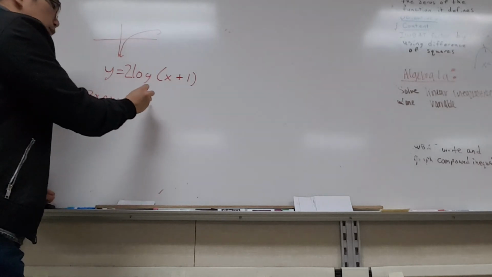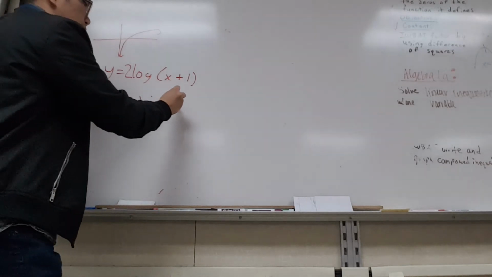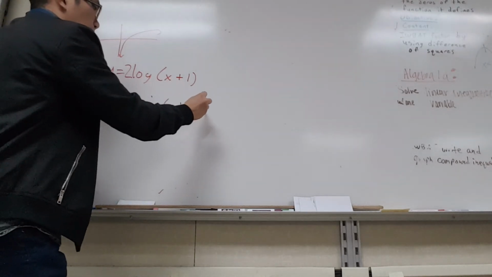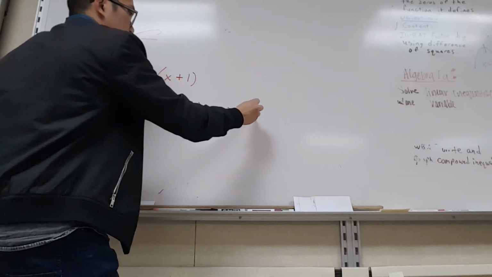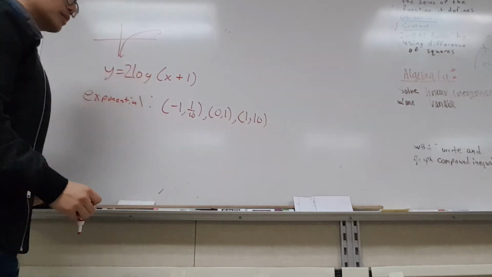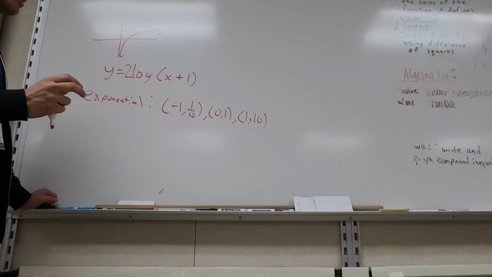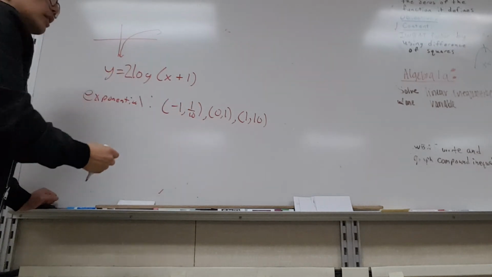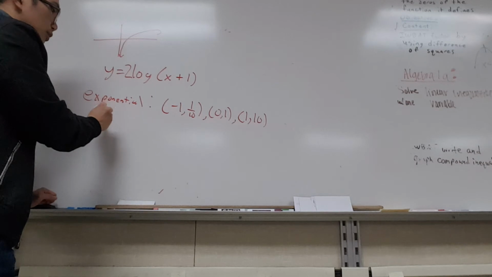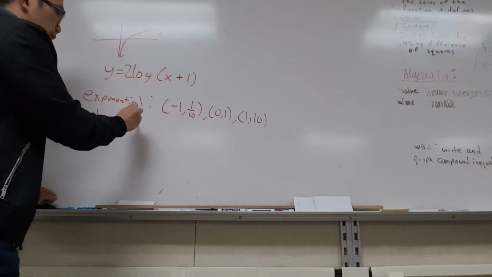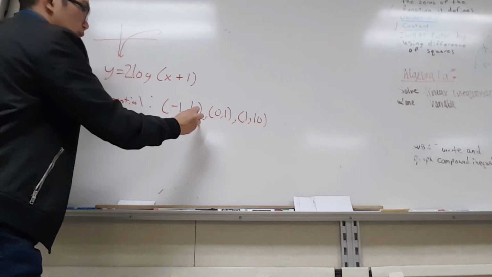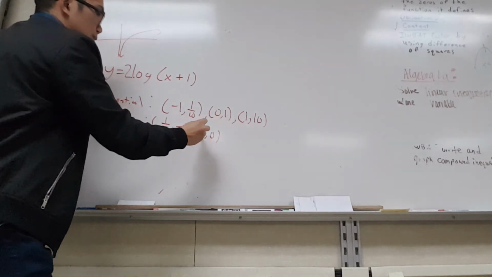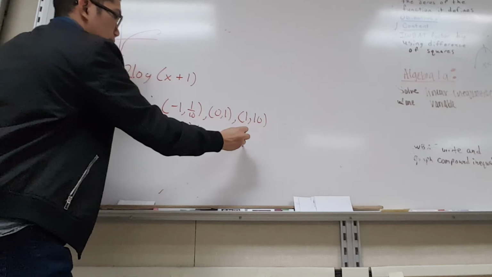If the exponential base 10, I know it goes through negative 1, 1/10, through 0, 1, and then through 1, 10. So what that means is that I'm going to reverse these for the logarithm. The logarithm goes through 1/10, negative 1, 1, 0, and 10, 1.